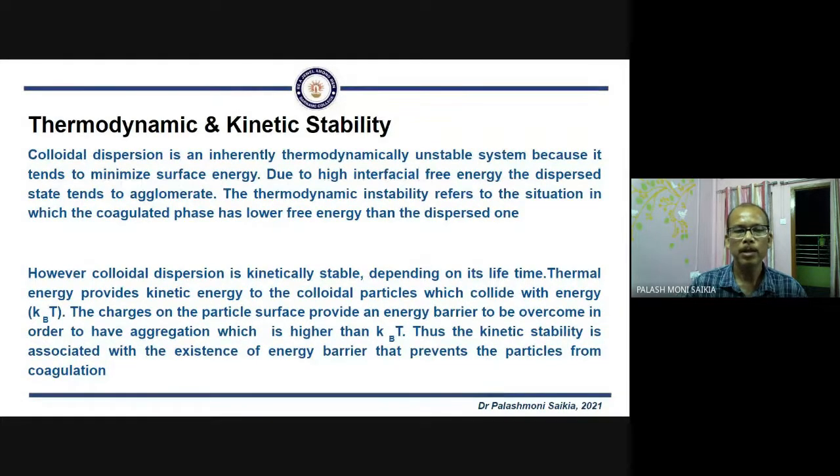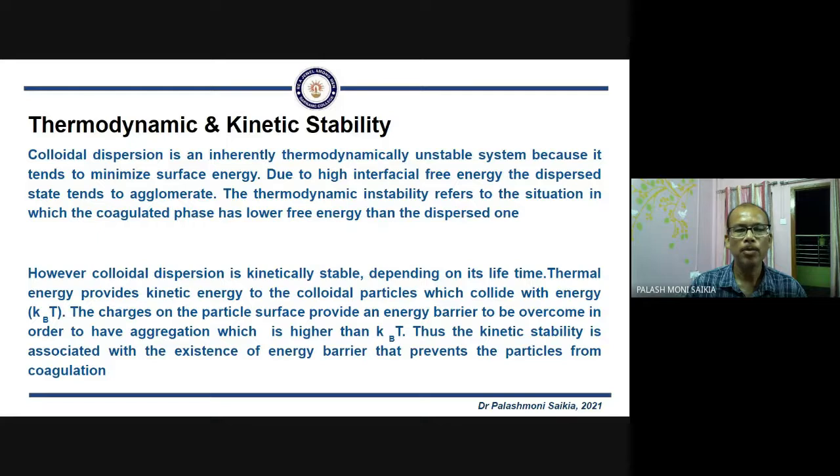Definitely the thermal energy. If you go to the Boltzmann equation and other distribution laws, you will find this thermal energy is nothing but the product of the Boltzmann constant kB into T. This is the energy that they possess, through which they acquire kinetic energy.